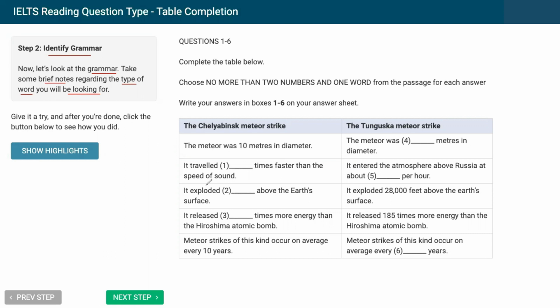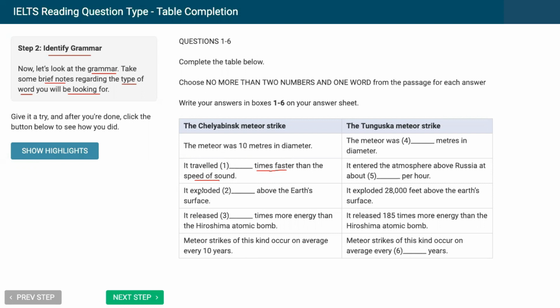Let's look at number 1. It traveled blank times faster than the speed of sound. So I see times faster than the speed of sound. So I'm looking for a number in this case, and it's going to be an amount of speed. So some number faster than the speed of sound.